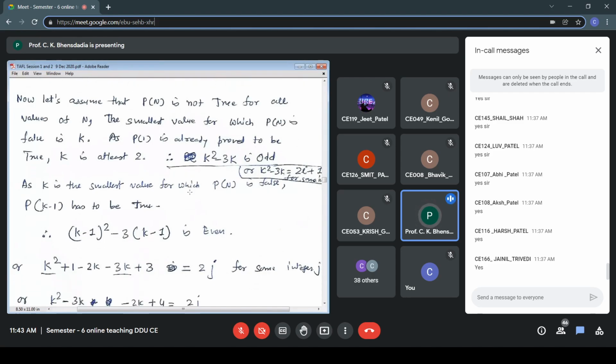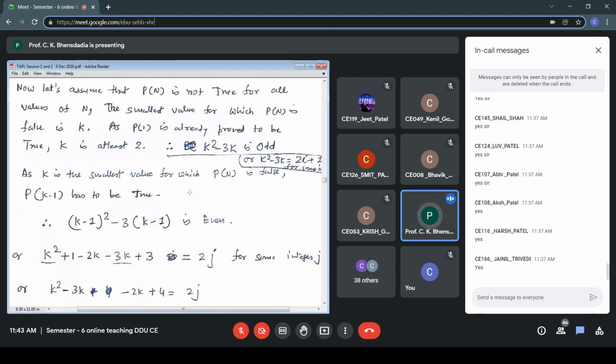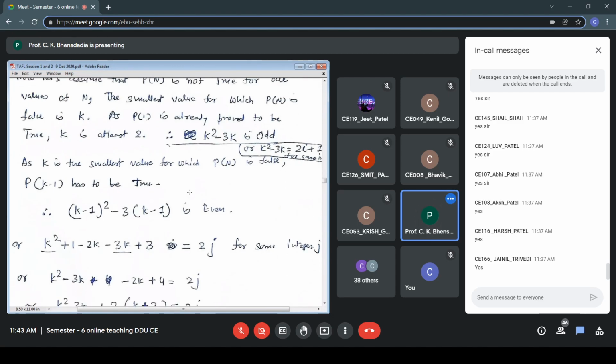We are just expanding, and then we keep aside k square minus 3k, similar to the hypothesis for n equal to k. The remaining part is minus 2k plus 4, which is equal to 2j.